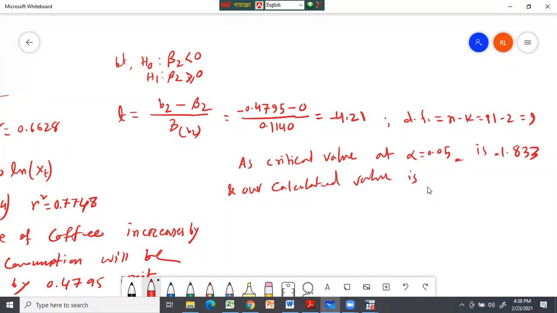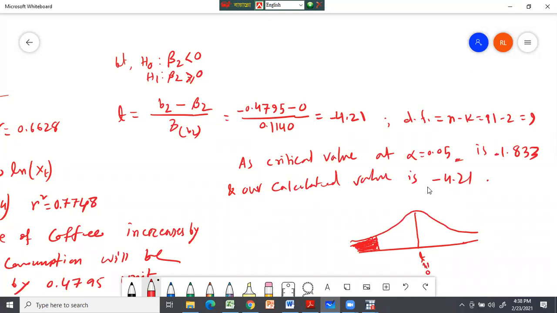It is minus 1.833 actually, because we are dealing with negative values. Here the t value is 0 in the middle.